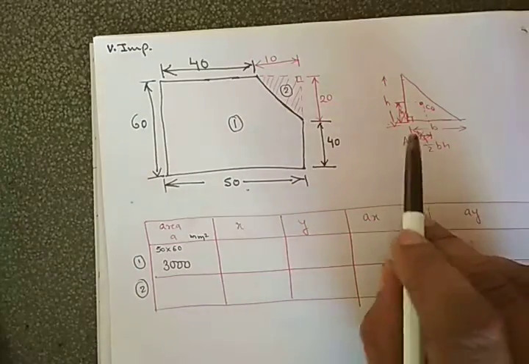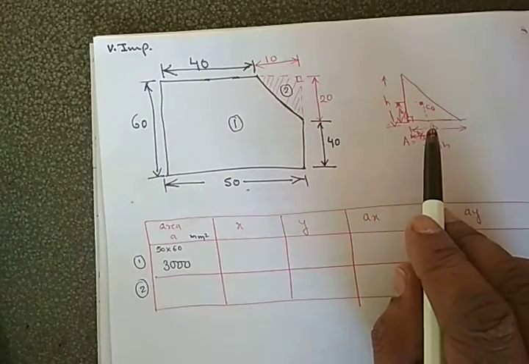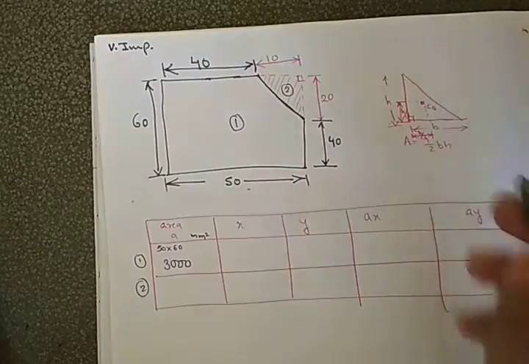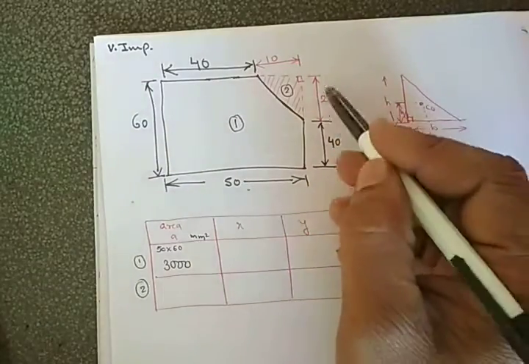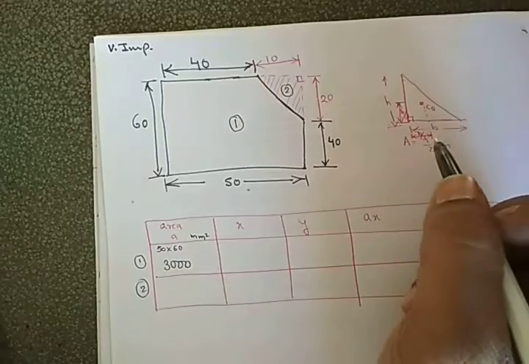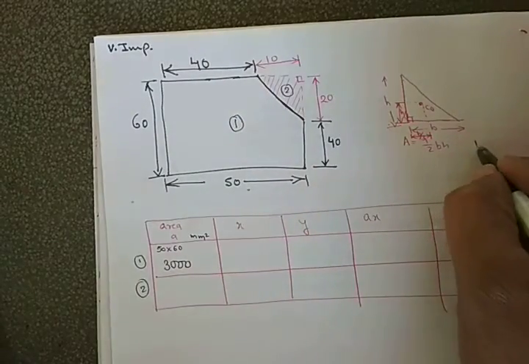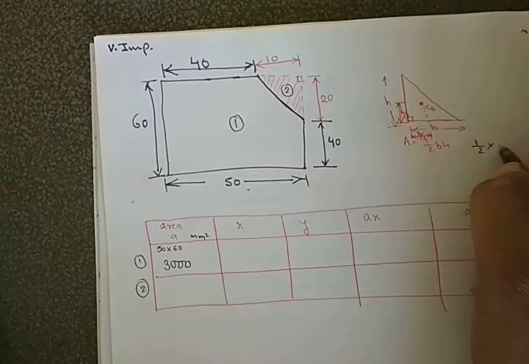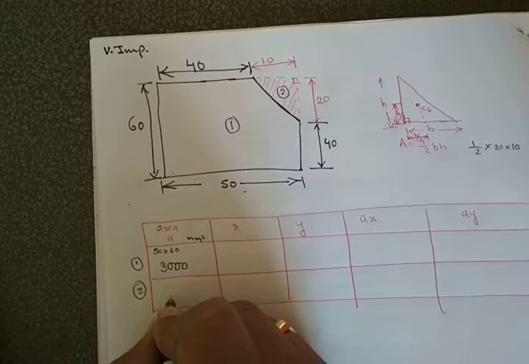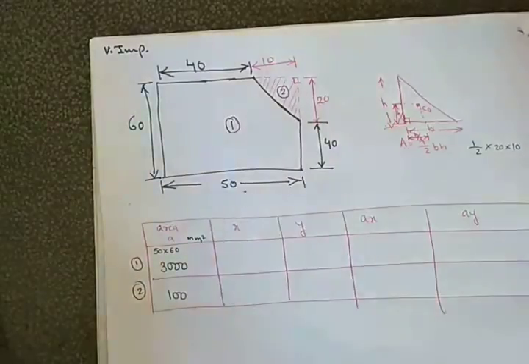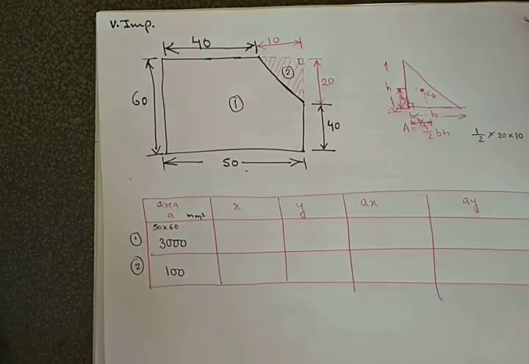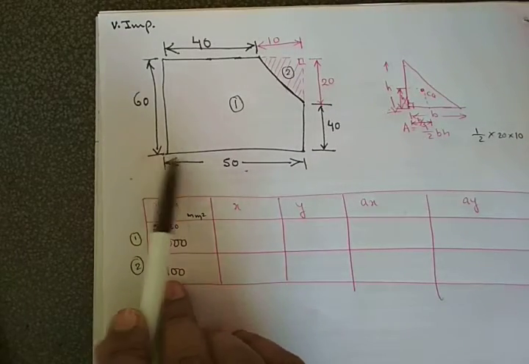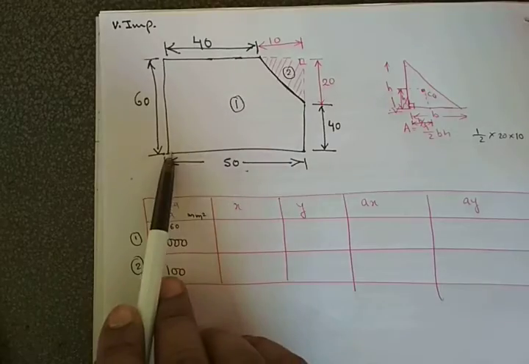Now what is the area of the right angle triangle? B we can consider as 20 and H as 10. So half into 20 into 10, the answer is 100 mm square. Next, first we will find the CG of the rectangle. It is at the center.